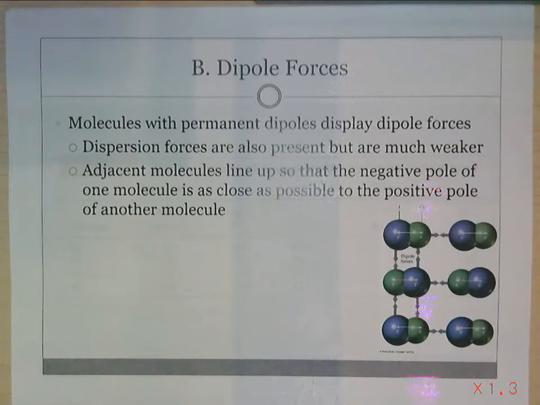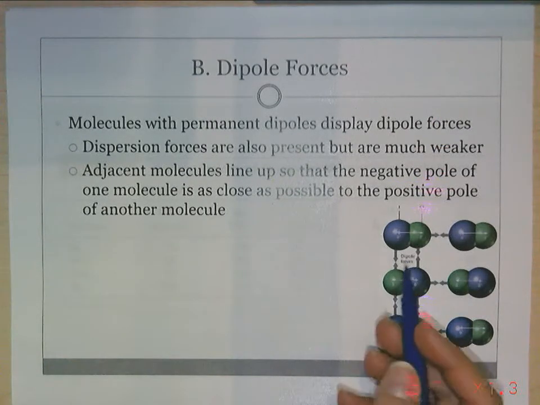Just because it has a permanent dipole moment means it not only has a dipole force, but it also has dispersion forces. So everybody has dispersion forces, but you may get an extra intermolecular force depending on what type of molecule you are.